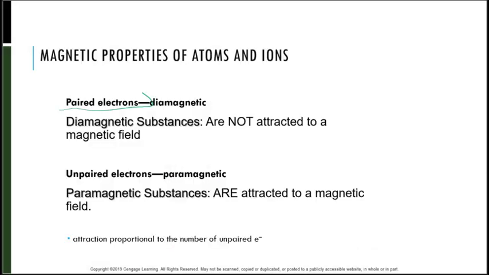If we have paired electrons, we say that it is diamagnetic. And diamagnetic substances are not attracted to a magnetic field. If there are unpaired electrons, we say that it's paramagnetic. And paramagnetic substances are attracted to a magnetic field.